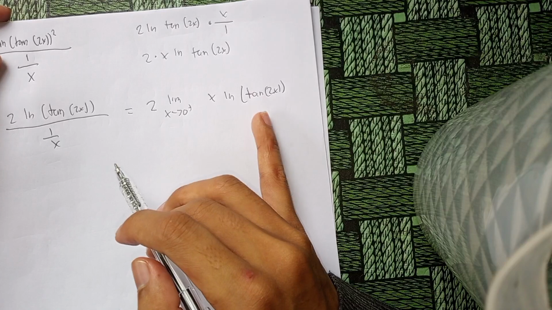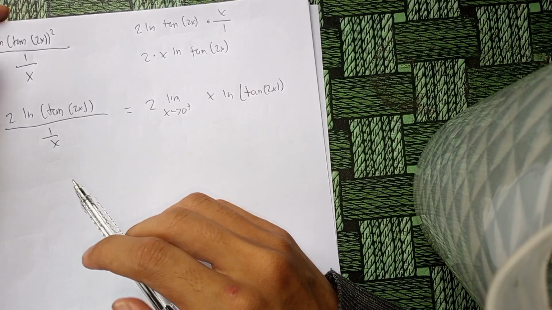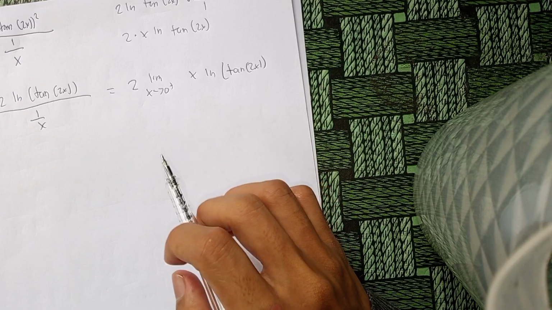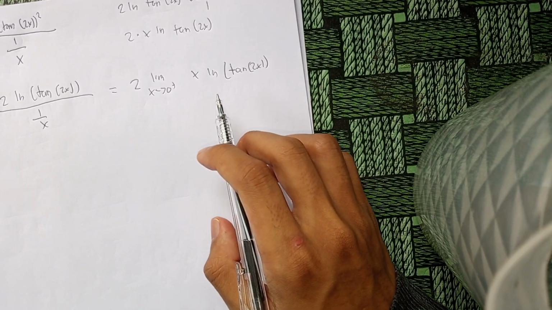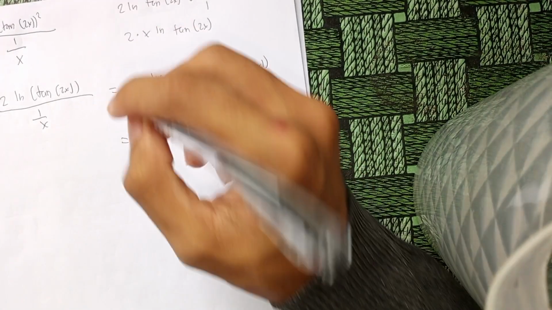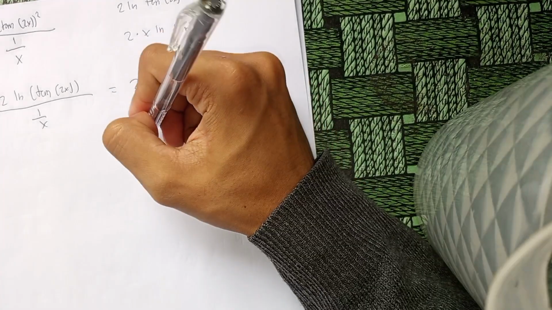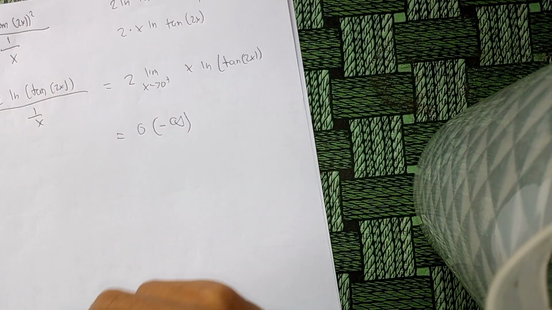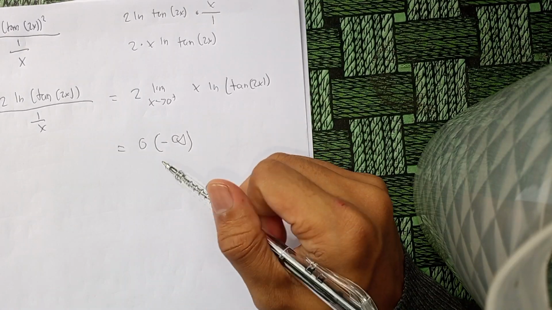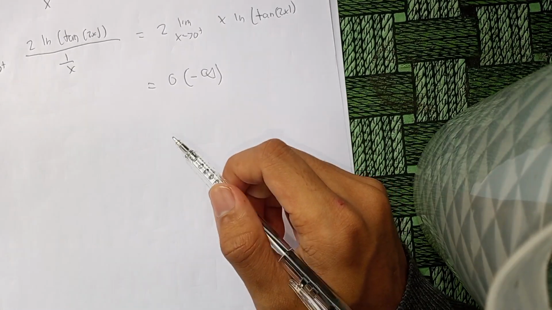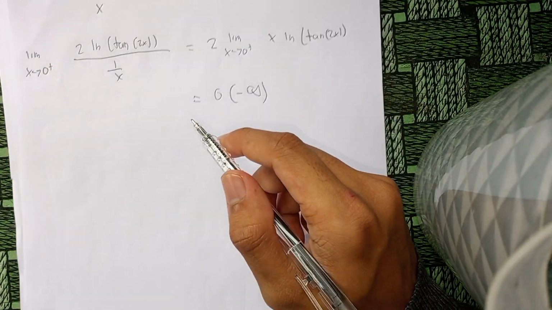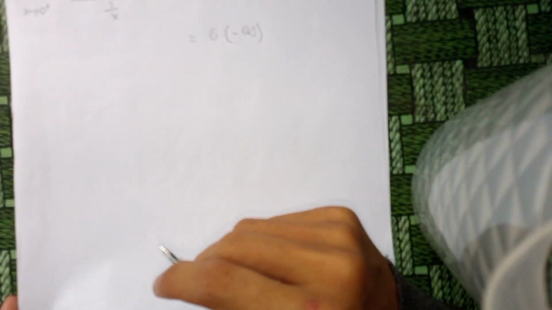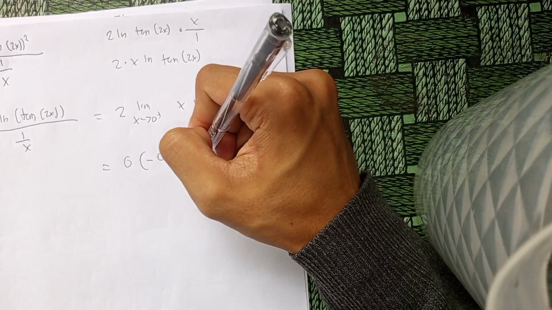After that, in applying the limit, you can now determine that this is an indeterminate form since this is equal to 0 times negative infinity. So this is a classical indeterminate form. So let's proceed in using L'Hopital's rule since this is an indeterminate form.